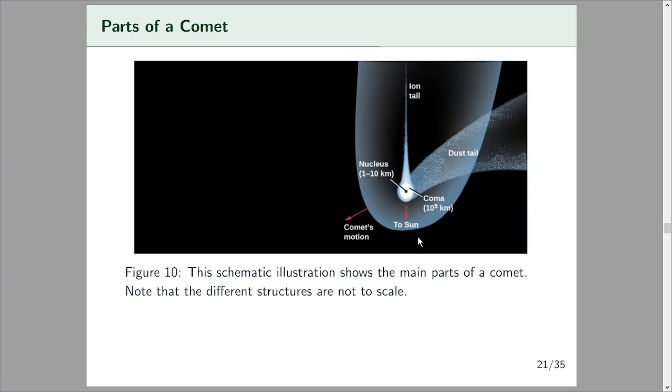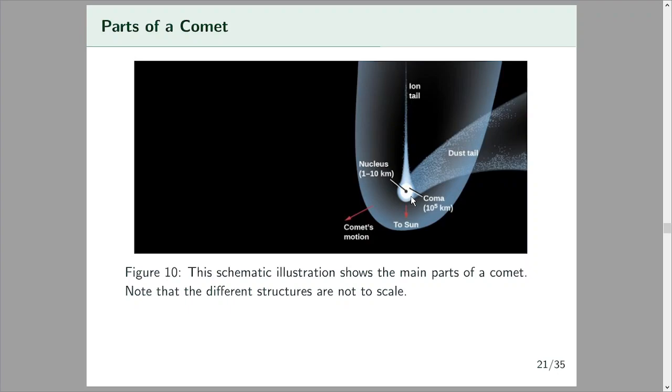So these are the parts of a comet, right? Here's the coma that we're talking about. This comet, say, is moving down and to the left. You can see the little arrow, and the sun is in the straight down direction. So the sunlight and the sun's solar wind that we talked about before both act on the coma.